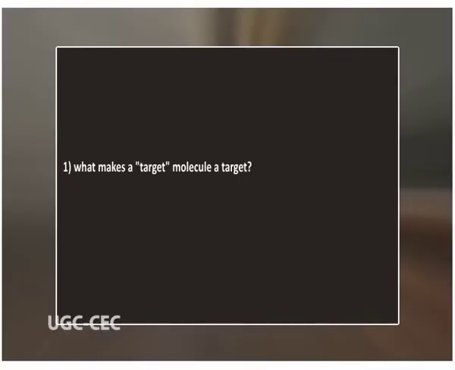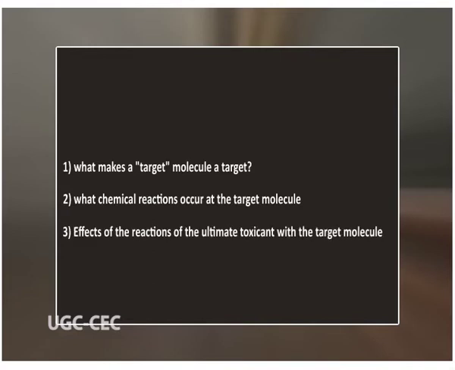Number first, we must consider what makes a target molecule a target. Number second, what chemical reactions occur at the target molecule. Number third, the effects of the reaction of the ultimate toxicant with the target molecule. And secondly, we will also consider the possibility of the toxicant changing the microenvironment around critical endogenous organelles and biomolecules without necessarily directly interacting with the target molecule.